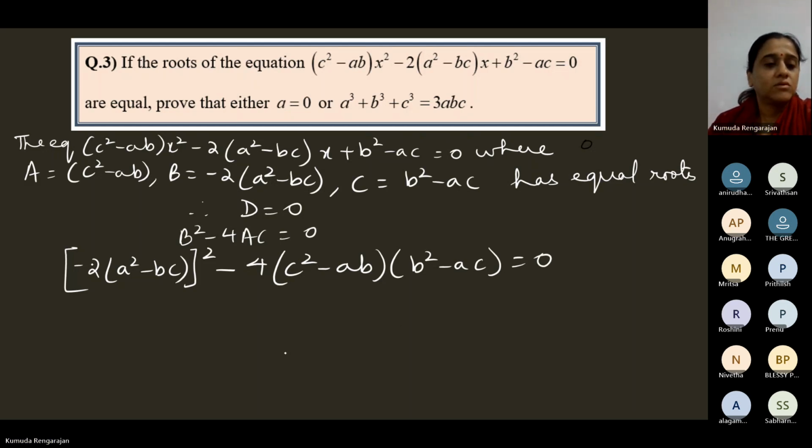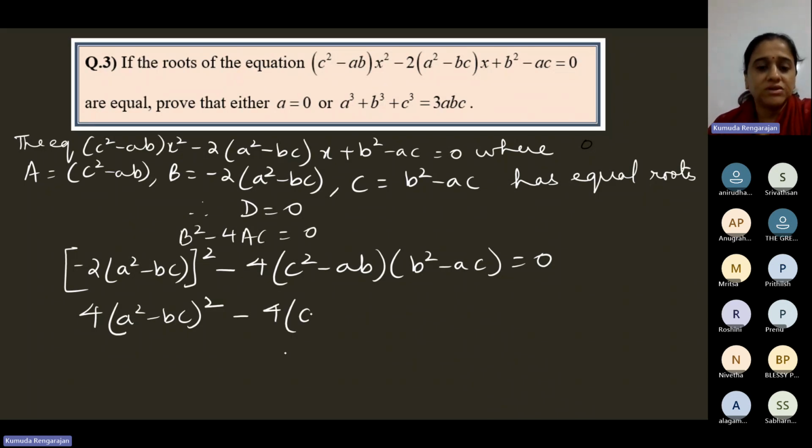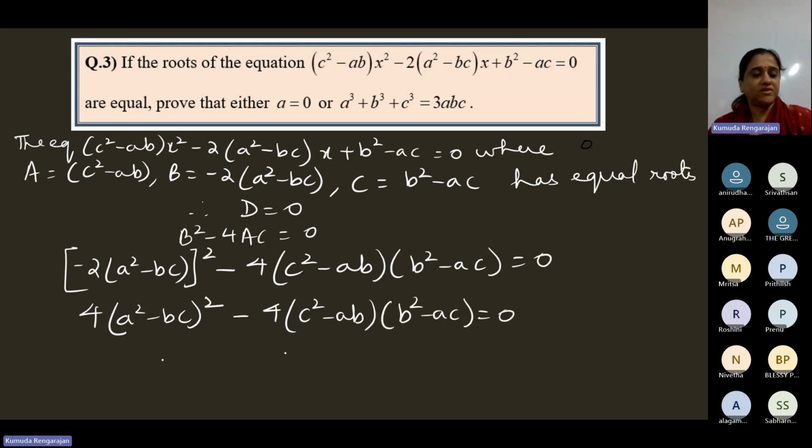What is minus 2 the whole squared? 4, into (a squared minus bc) the whole squared, minus 4 into (c squared minus ab) into (b squared minus ac) is equal to 0. I will not expand or multiply.